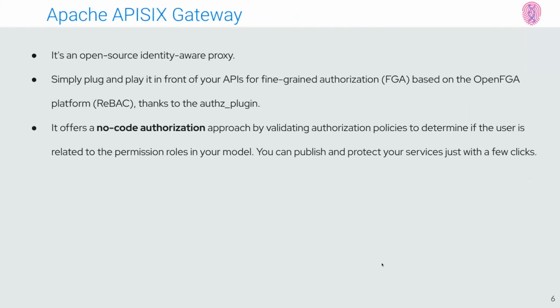In this case, I use Apache APISIX, which is an open source API gateway, and I developed a custom plugin. A plugin is basically a way to add functionality to that proxy. I developed a custom plugin that supports ReBAC policies, because the plugin talks with the OpenFGA server in order to validate whether the user has a proper relationship. We're going to see that in the workshop.